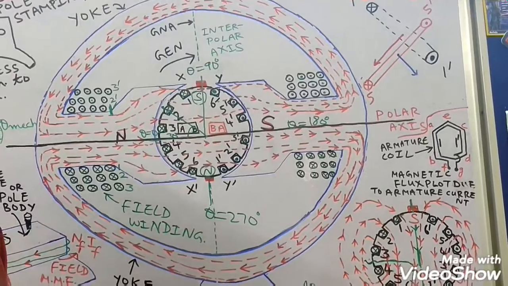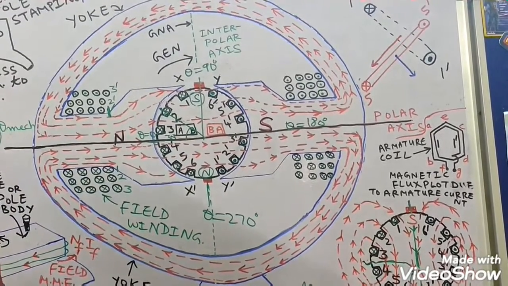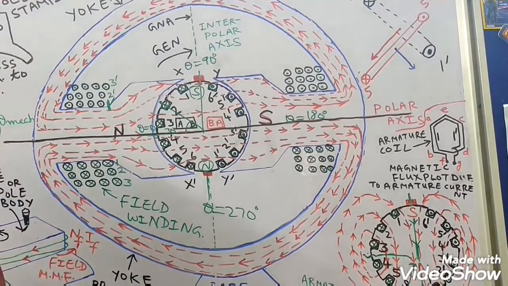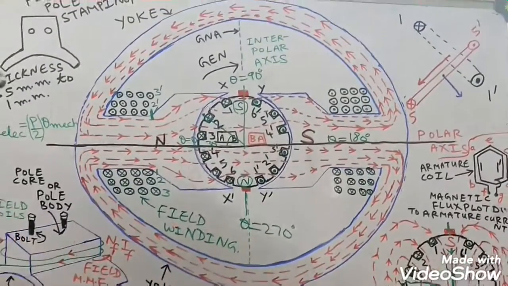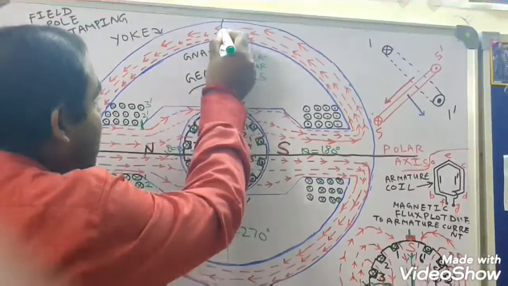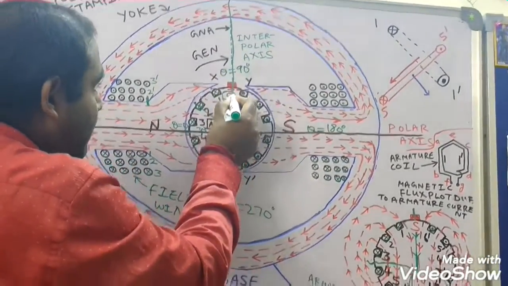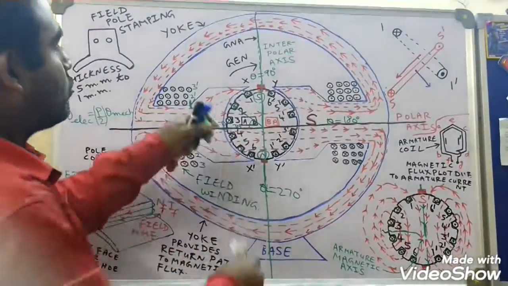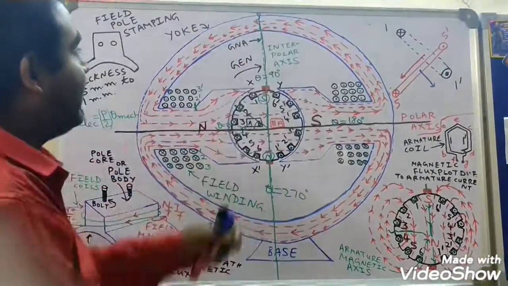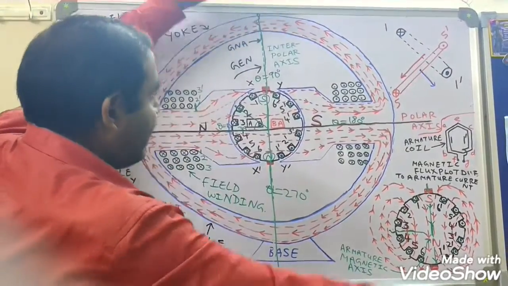So if you are interested in finding the space distribution of field MMF in a DC machine, then you have to take the developed view along this interpolar axis, because along the interpolar axis the field flux is almost zero. So we will cut at this point and then stretch it and make it flat.